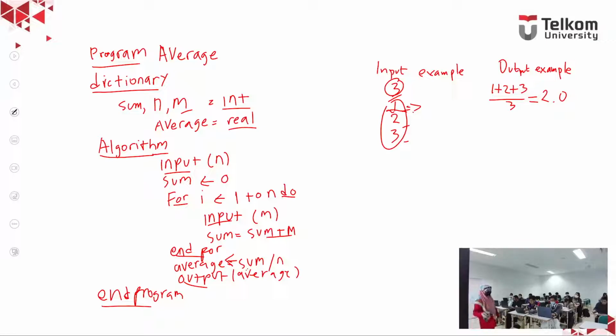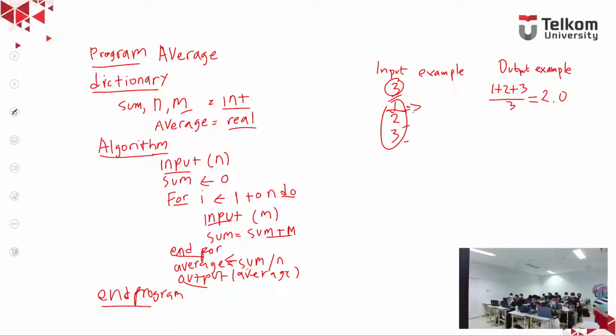For example, you have 3 items. Each item has a weight, right? How to calculate the average of the weight? You have to take note of the weight of the first item, add the second item's weight, add the third item's weight. Last, you calculate the average.